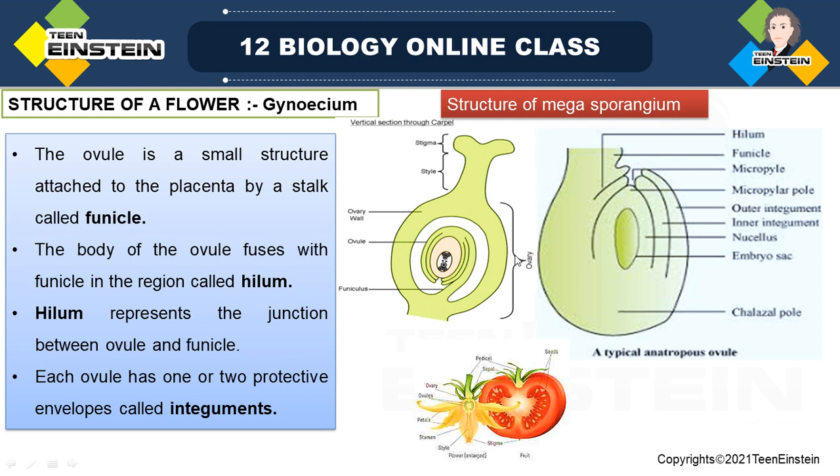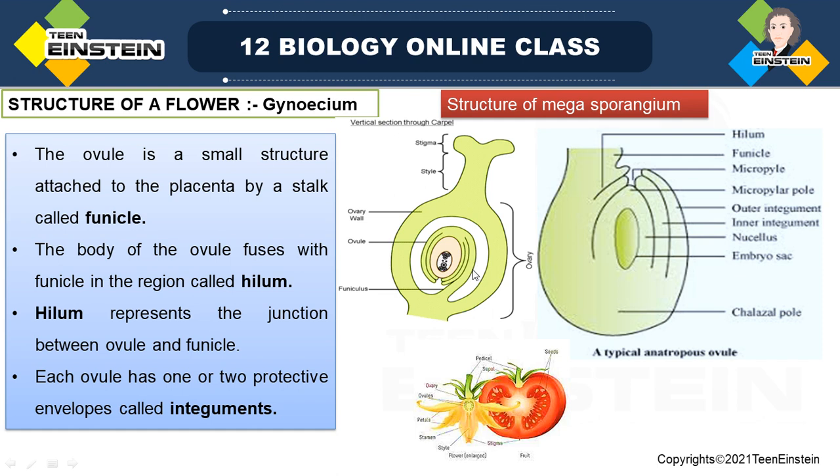Now listen. Inside the ovary you can see an ovule. This is the ovary wall, and inside the ovary we can see the ovule. The ovule is a very small structure.